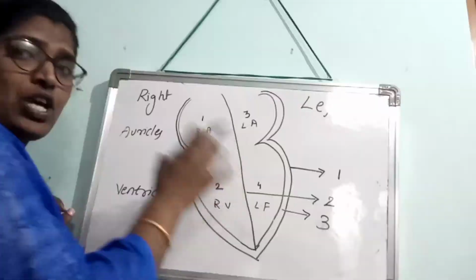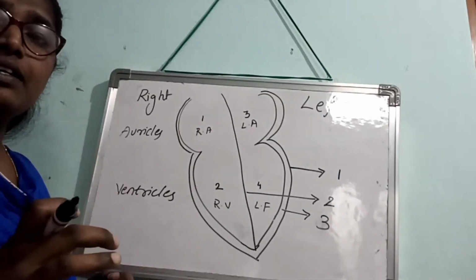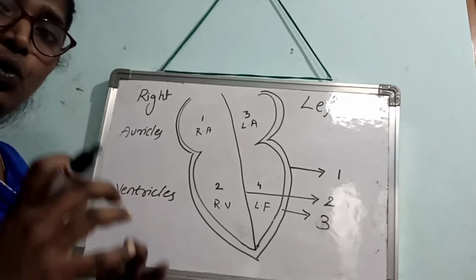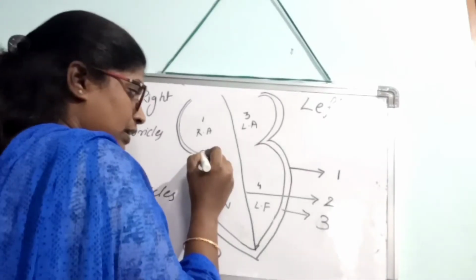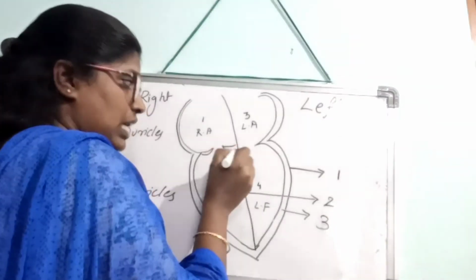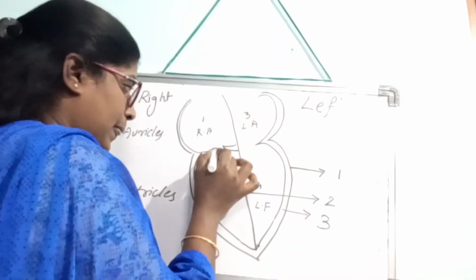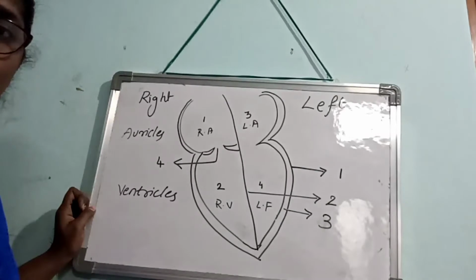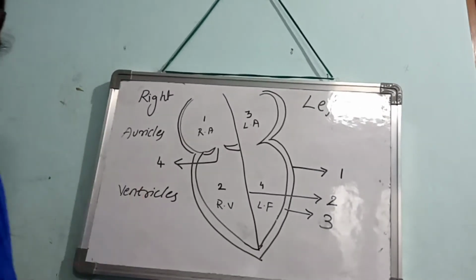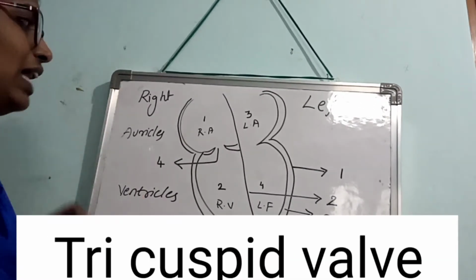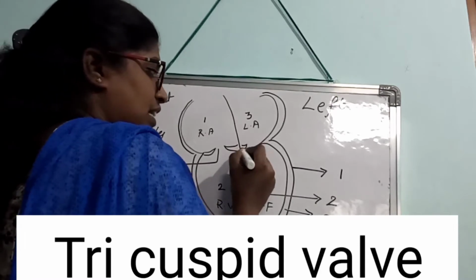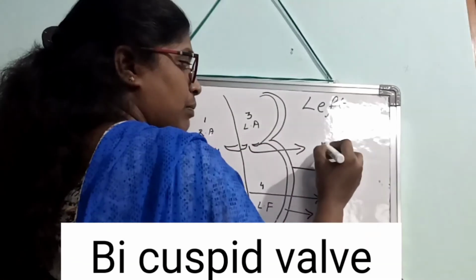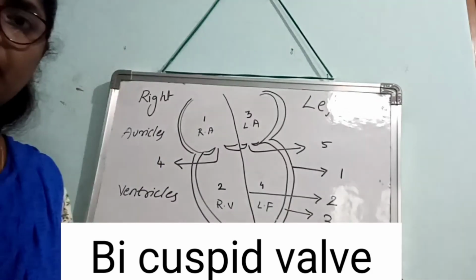And these 4 chambers are separated by a few valves. On the right side, they are separated by the tricuspid valve. I have given 4 here, that is the tricuspid valve, and on the left side they are separated by number 5, the bicuspid valve.